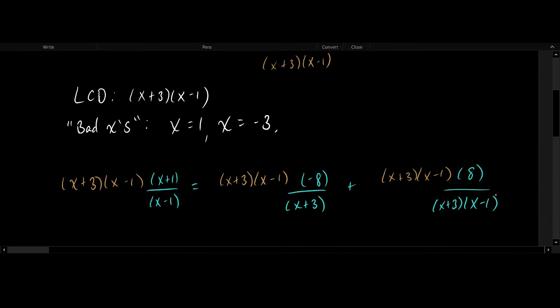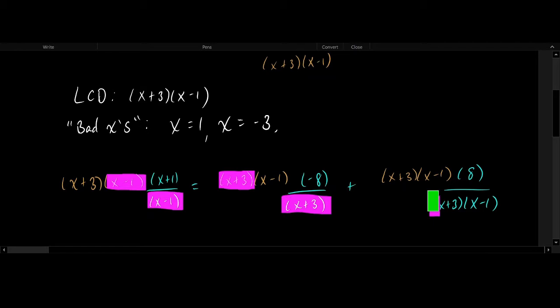So let's see what we can clean up here. If I look at these fractions, I have an x minus 1 in the numerator on the left, and an x minus 1 in the denominator here. So those two cancel each other out. Moving to the second fraction, we have a common factor of x plus 3 in the numerator and x plus 3 in the denominator.